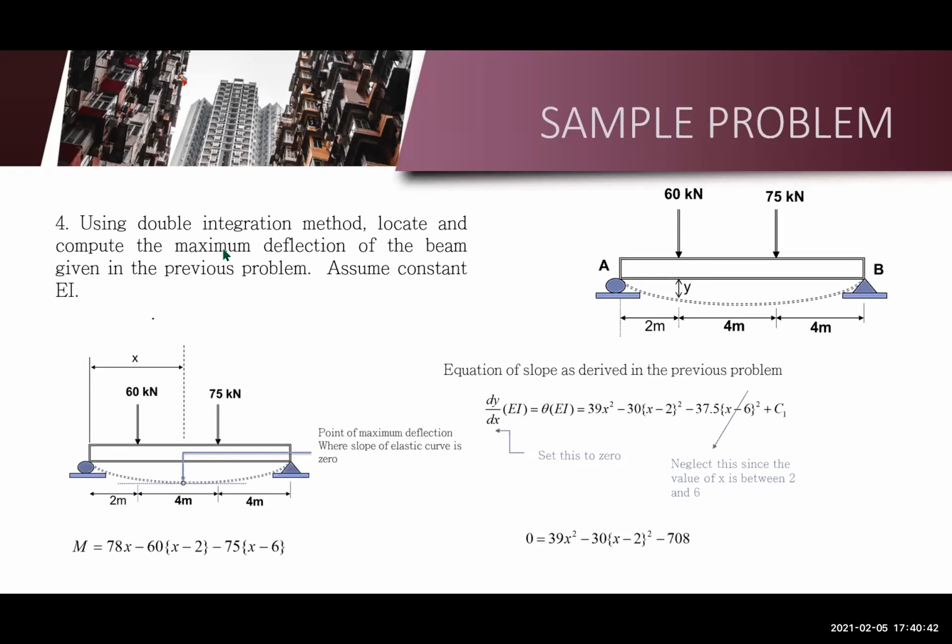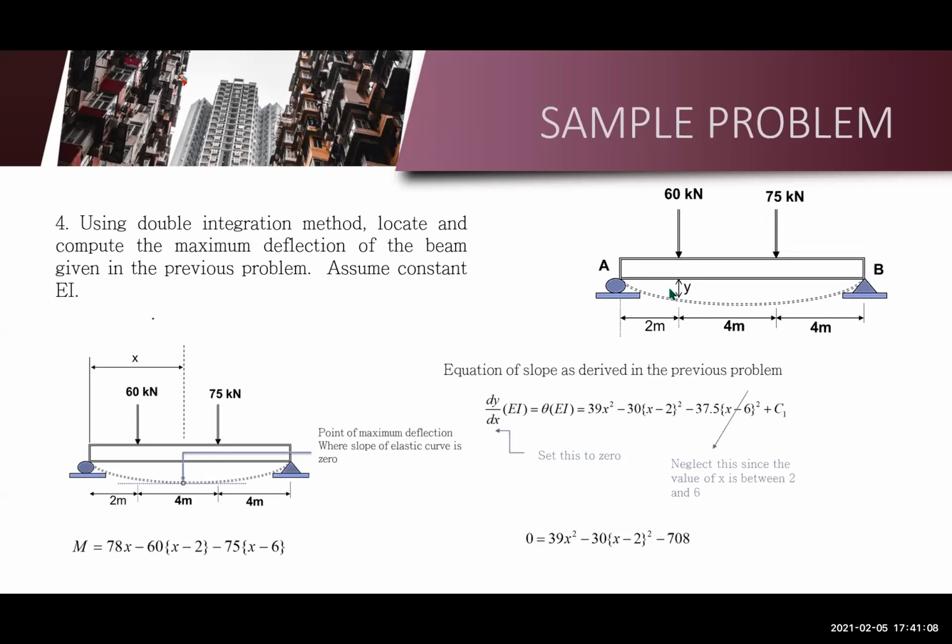Another problem, using the double integration method, locate and compute the maximum deflection of the beam given in the previous problem. Okay, so if mananotice nyo, hindi siya symmetrical, so we don't know where exactly kung nasan yung maximum deflection. Kung nasan yung lowest point dito sa curve.